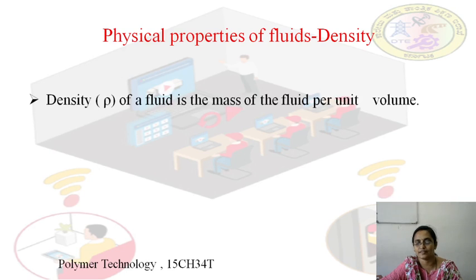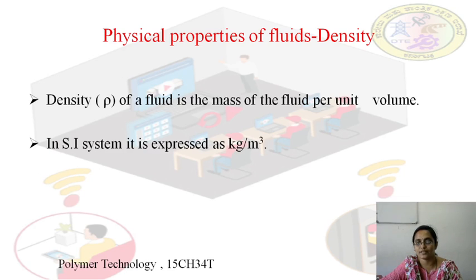What is density? Density, denoted by rho, of a fluid is the mass of the fluid per unit volume. So, it is mass divided by volume. Amount of fluid which is present in unit volume.